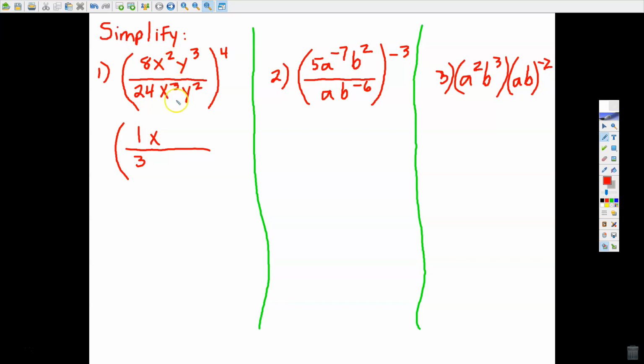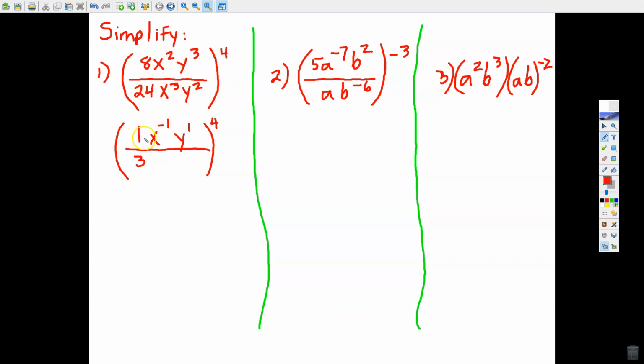So 2 minus 3 is negative 1. And then the same thing here, I'm going to write down y, and then the way I simplify these is to subtract their exponents. 3 minus 2 is positive 1. Okay, so all I've done so far is simplified within the parentheses.